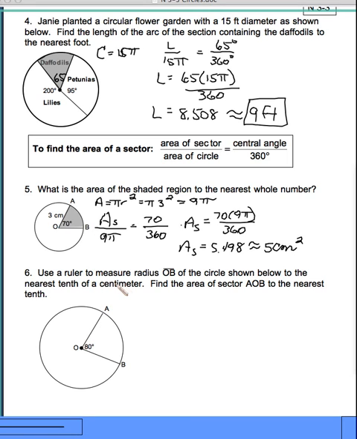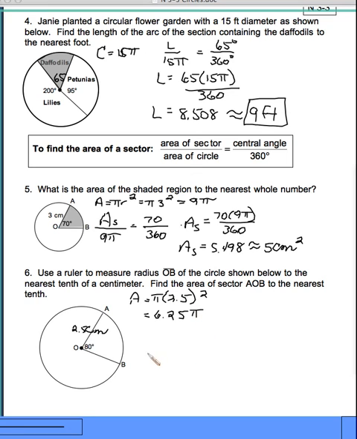Now it says use a ruler to measure the radius OB of the circle shown below to the nearest tenth of a centimeter. Well, it's hard to do that on the computer, but you'll have to trust me that it measures about 2.5 centimeters. So we know the radius, so we can find the area. The area of the circle is pi times 2.5 squared, which is equal to 6.25 pi.